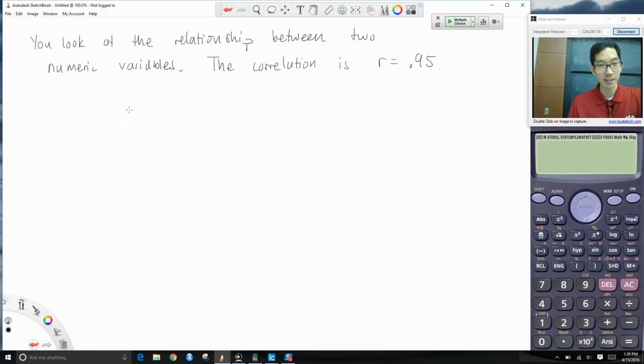I will say x bar ends up being 10, y bar ends up being 8. The standard deviation of x is 3, and the standard deviation of y is 2.